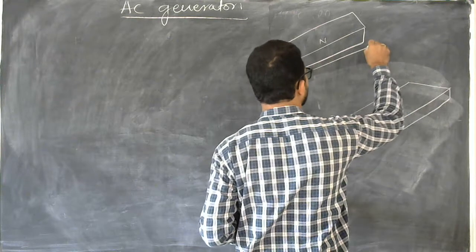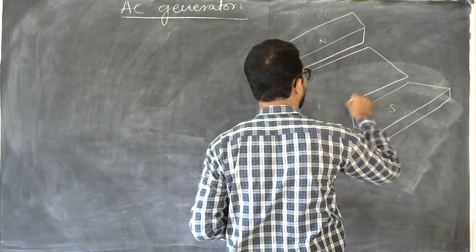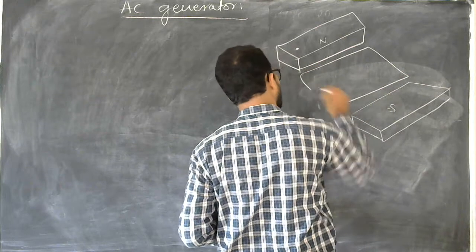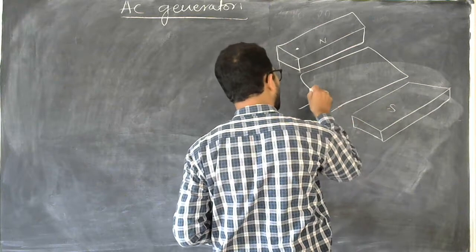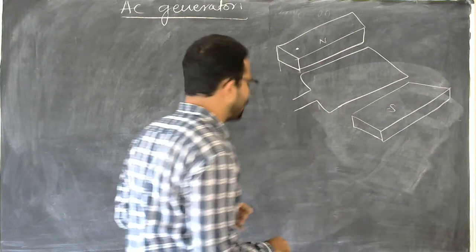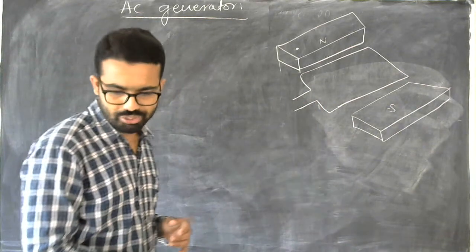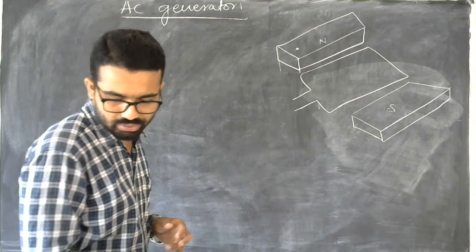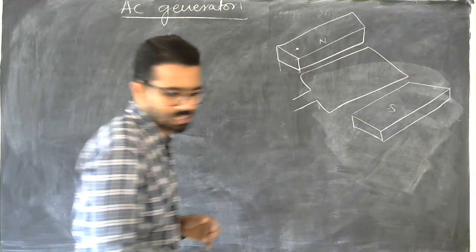Now we have placed one rectangular coil that has some brushes and slip rings, carbon brushes and slip rings.